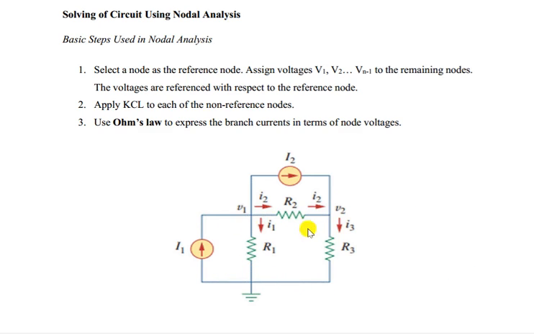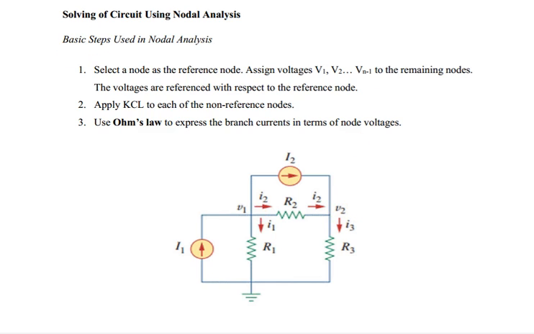Among these three nodes we have to assume one node as ground or 0 volt and the other nodes as node 1 and node 2. For node 1 we assume node voltage V1, and for node 2 we assume node voltage V2.